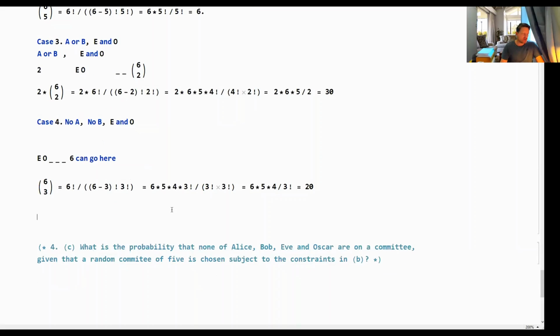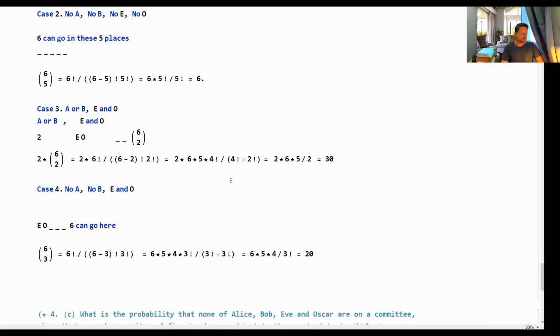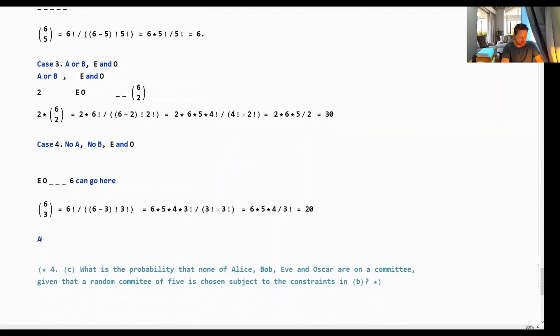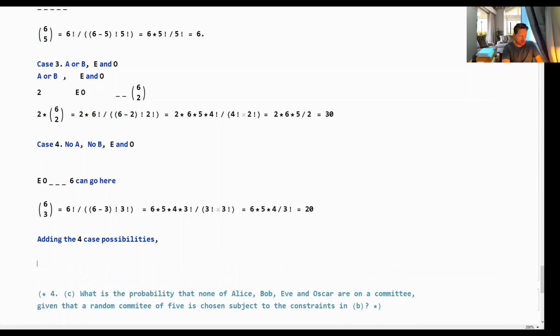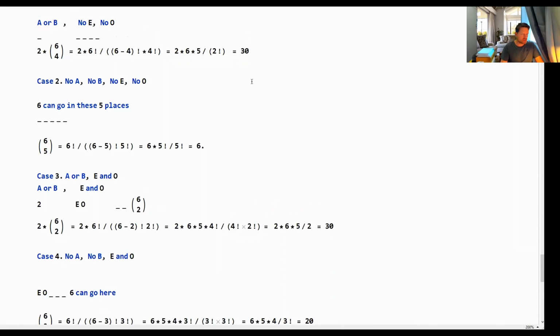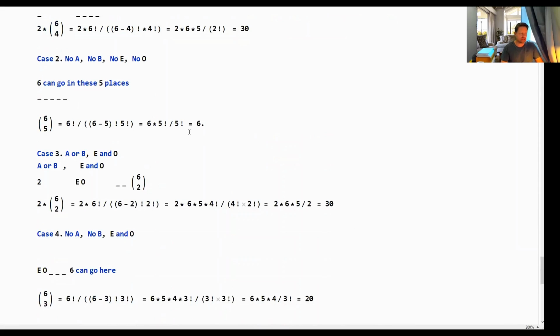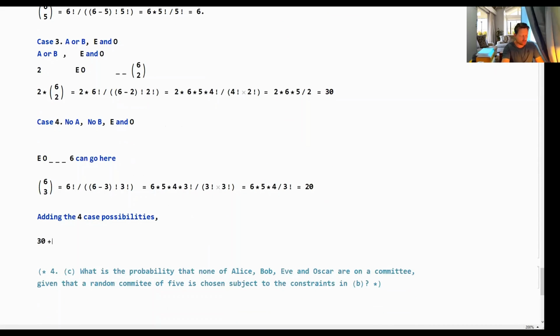Now in total, how many possibilities are there? We just have to add all these up, adding the 4 case possibilities. Let's go up to the start. Case 1 was 30, case 2 is 6, case 3 is 30, and case 4 is 20. This should be easy enough to do in our heads.